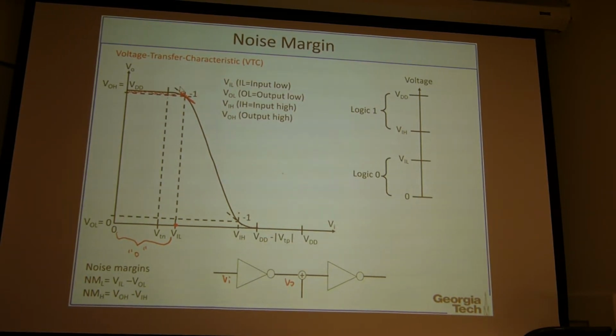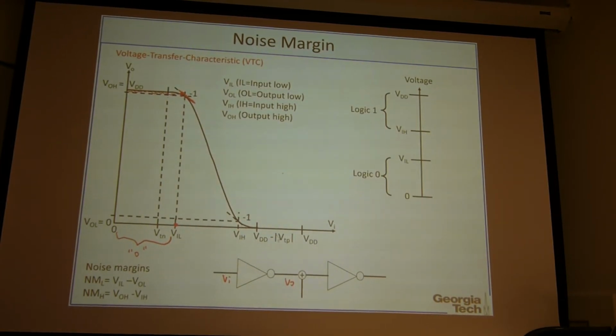So this is the advantage of the CMOS inverter. It can reject some noise when you do the computation. Even though the input is not ideal logic 0, because ideally it should be close to 0, even with some noise within this range, your output is fairly close to logic high.